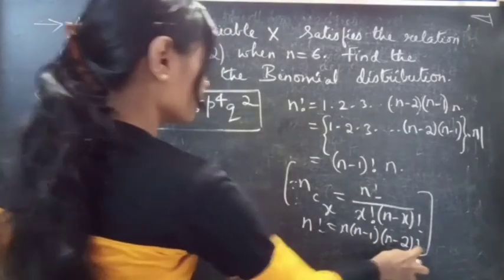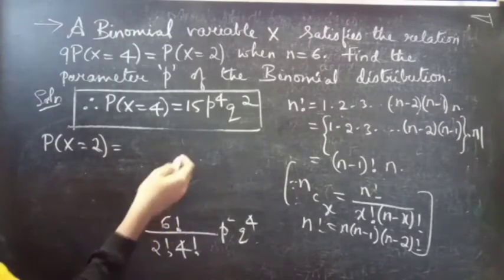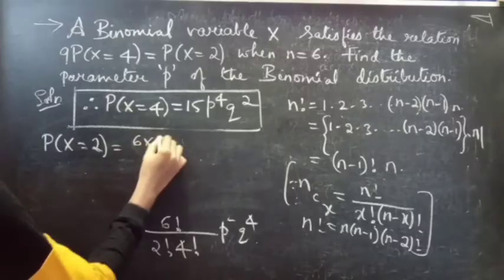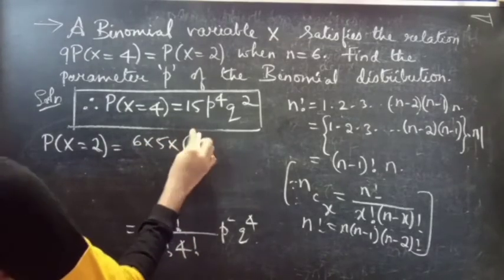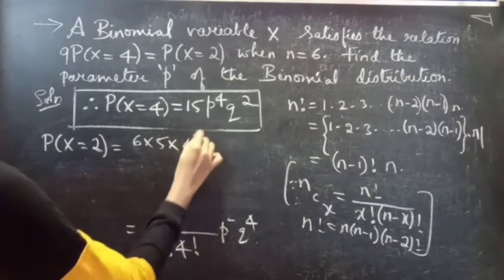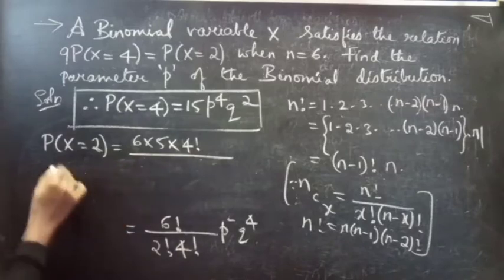Using this formula, you can write 6 factorial as 6 into 5 into 6 minus 2 factorial, that is 4 factorial, by 2 factorial.